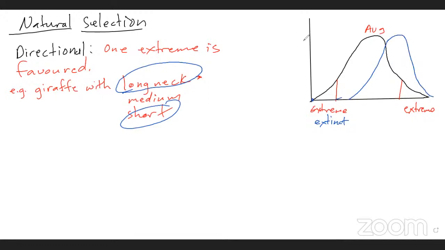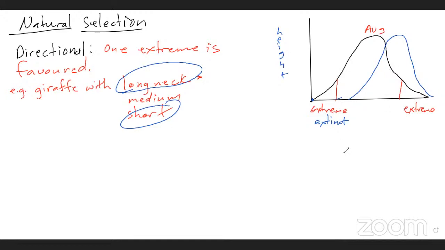Down here the x-axis would have been the height of the giraffes, and the y-axis would be the number of giraffes.